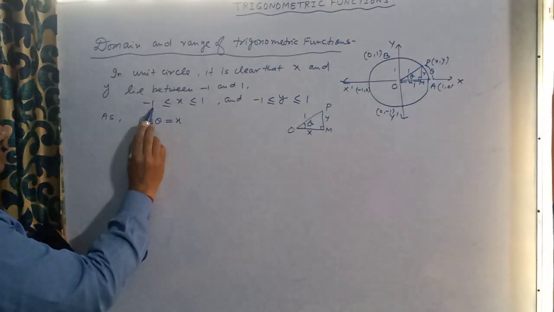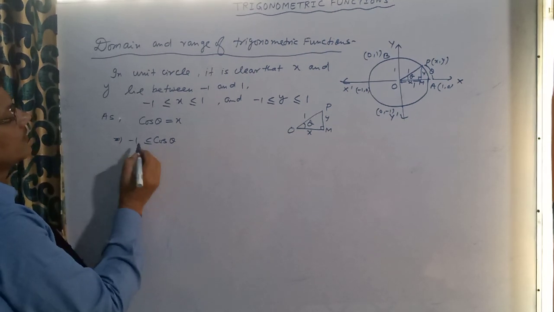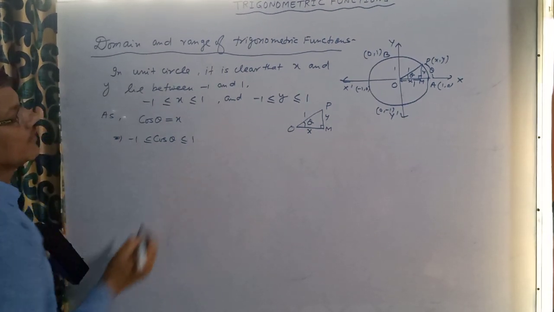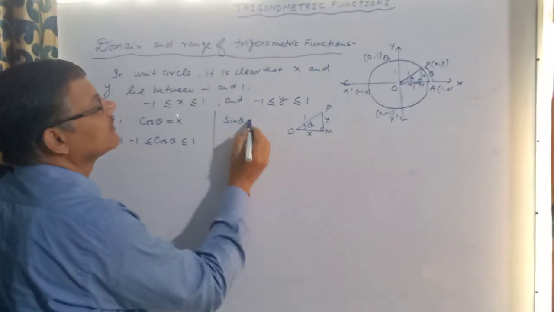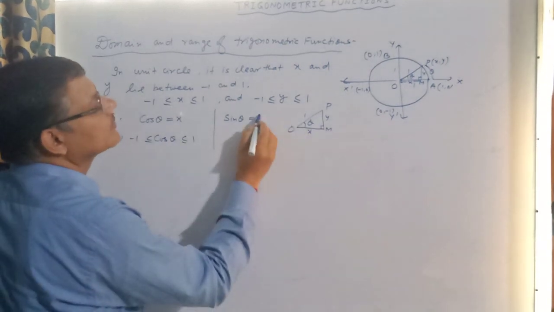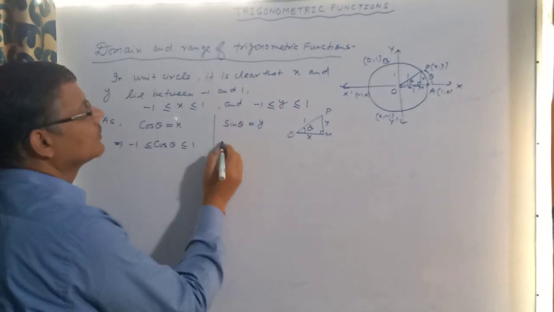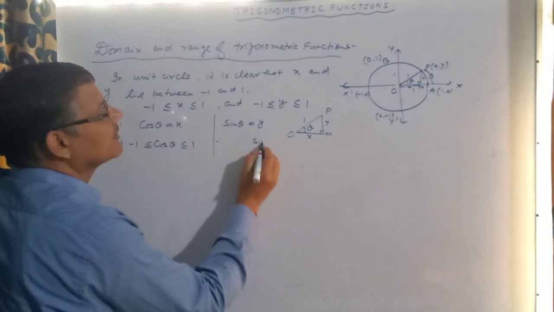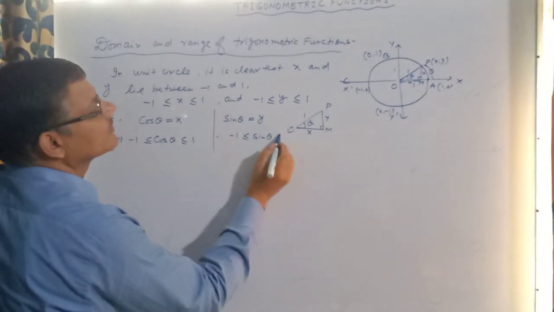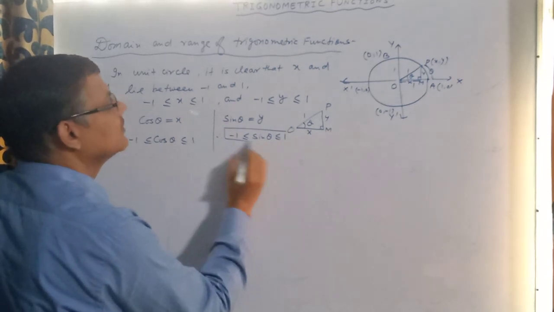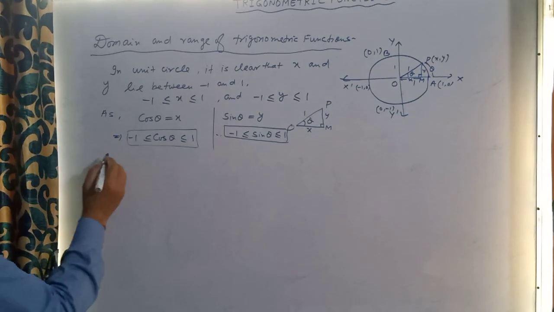Since x lies between minus 1 and 1, cos theta has values between minus 1 and 1. In the same figure, sin theta equals y by 1, so it is equal to y. Since y takes values from minus 1 to 1, sin theta also lies between minus 1 and 1. This is about sine, and this is about cosine.